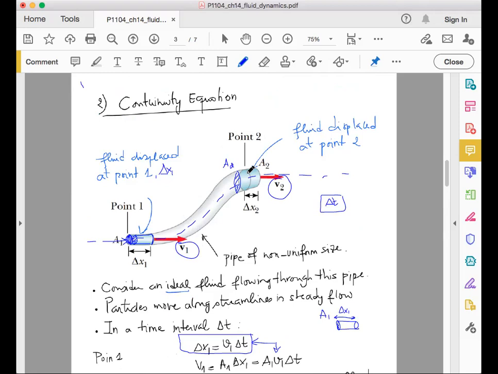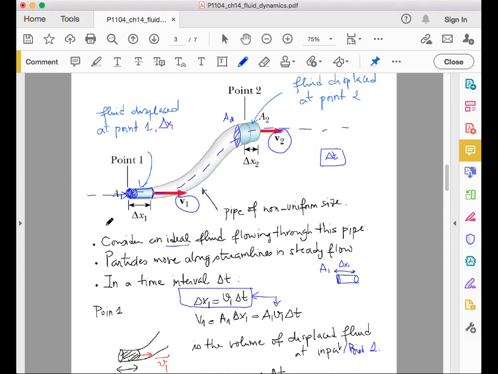But still, this is not a very general case because, for example, the continuity equation doesn't tell us anything about the pressure at point 2 and point 1 and how they are related to each other. Also, this equation doesn't say anything about the elevation of point 1 and point 2 with respect to a given reference.